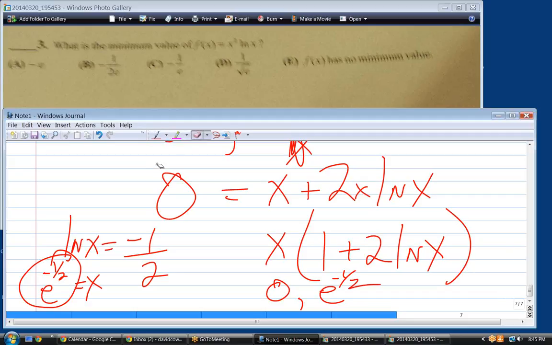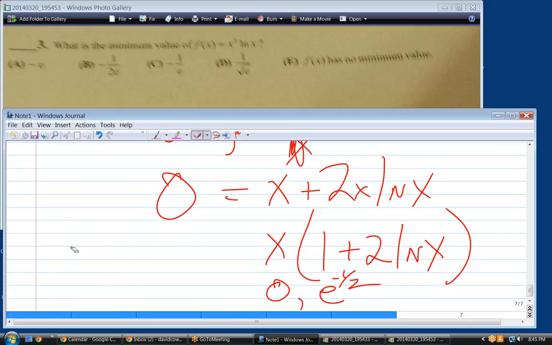Now, to figure out which one is a minimum, let's this time apply the second derivative test. You know how to use the first derivative test, right, from the last problem we did? Yeah, you have to pick points left and right and see what the slope does. Well, the second derivative test is a little more straightforward.